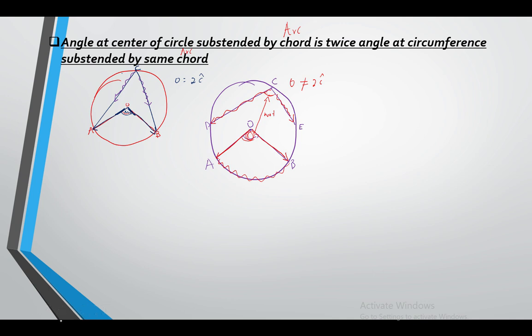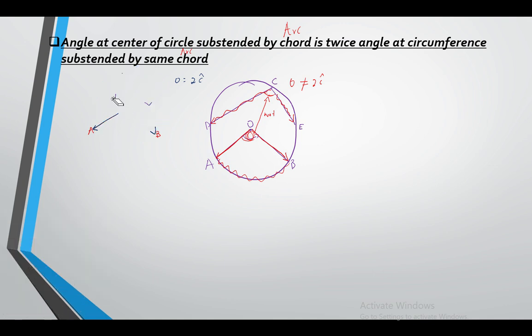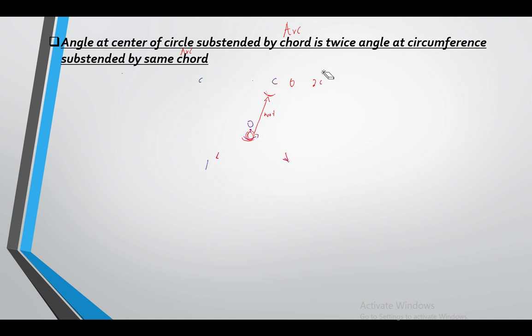So we know that the angle at the center is twice the one at the circumference. What I want us to do now is prove that indeed the angle at the center is twice the angle which is at the circumference of a circle.